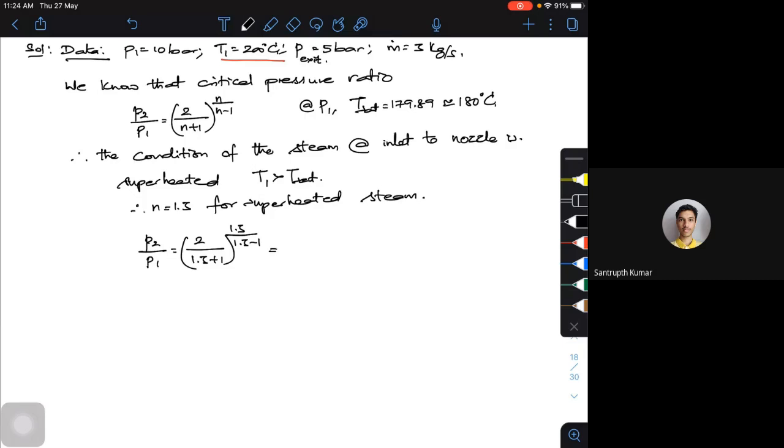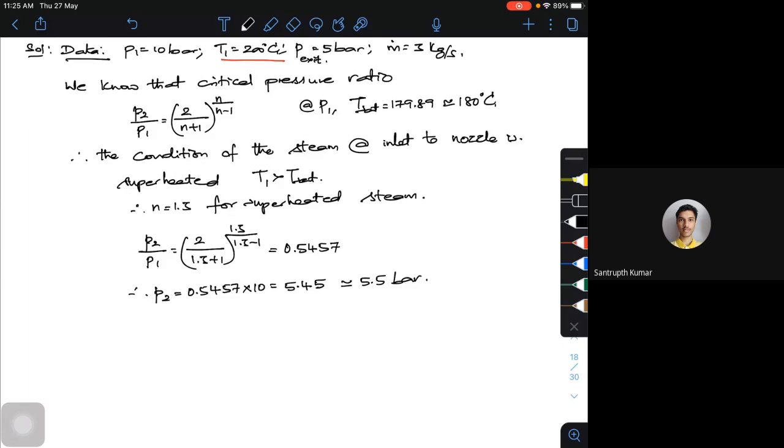From this, I get P2 by P1 around 0.5457. Therefore, P2 is equal to 0.5457 into 10, so I am getting around 5.45, or roughly 5.5 bar.